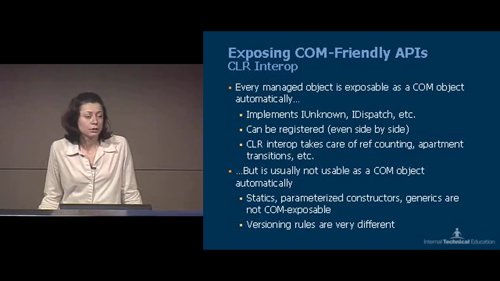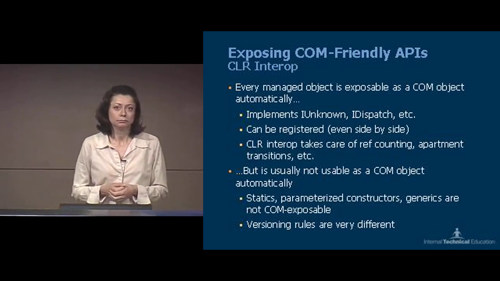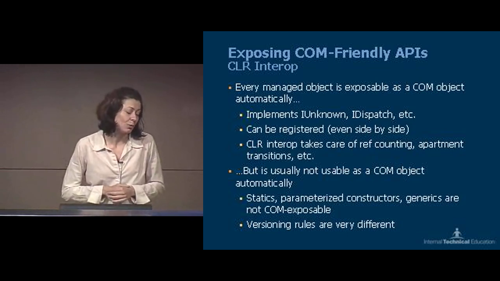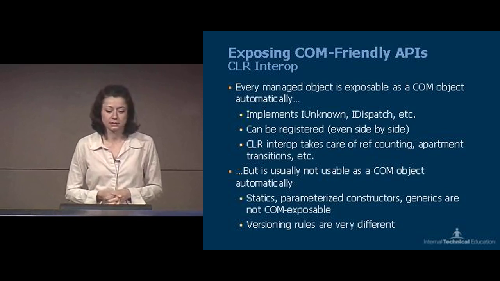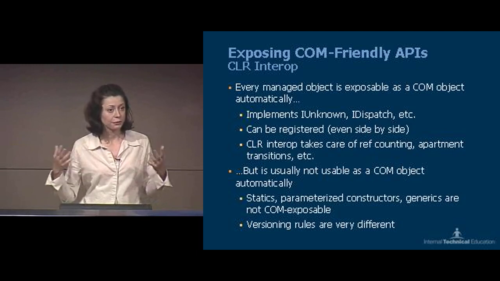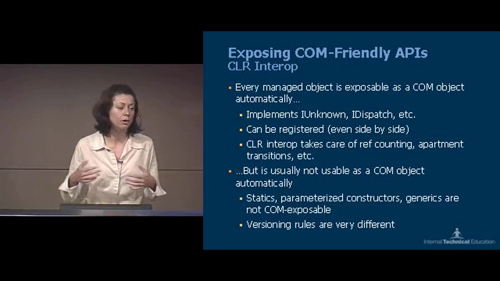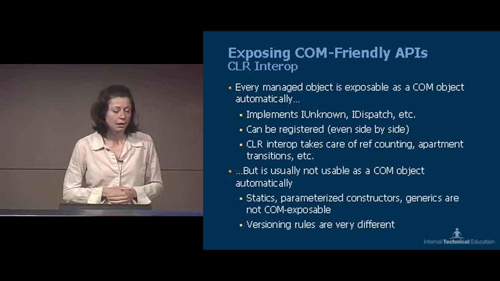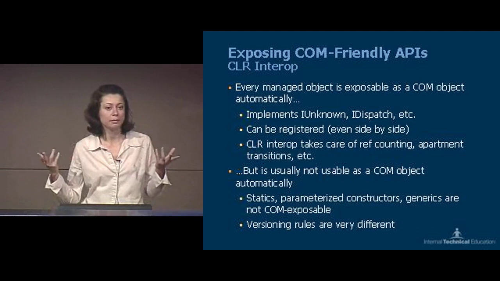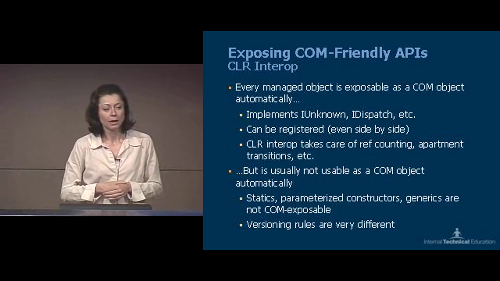The first option is exposing managed APIs as COM APIs. This is relatively easy to do. I won't say very easy, but relatively easy to do. CLR has facilities that will make this process relatively painless. So what will happen when you have a managed class you want to expose to a COM client?